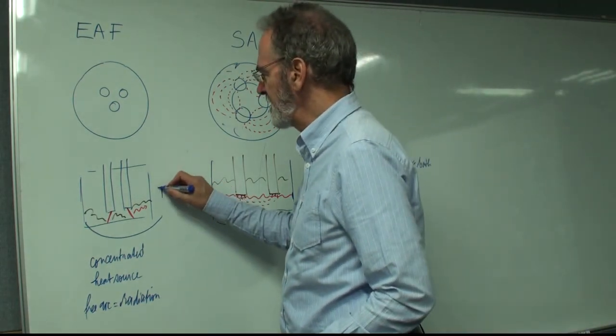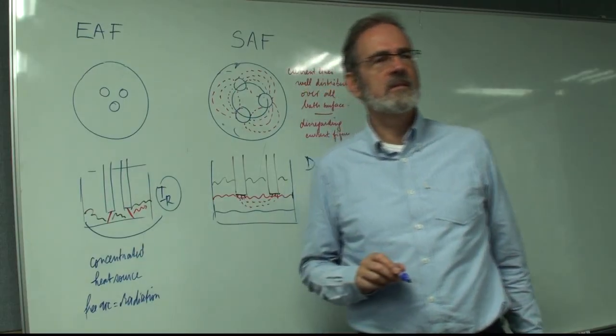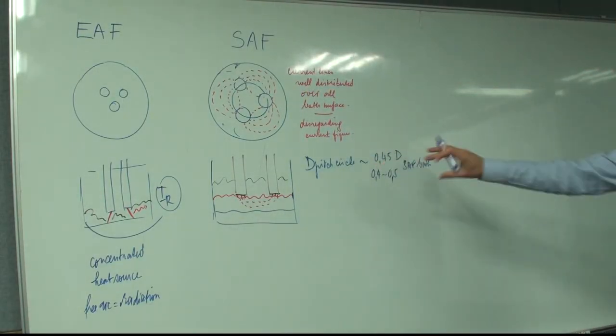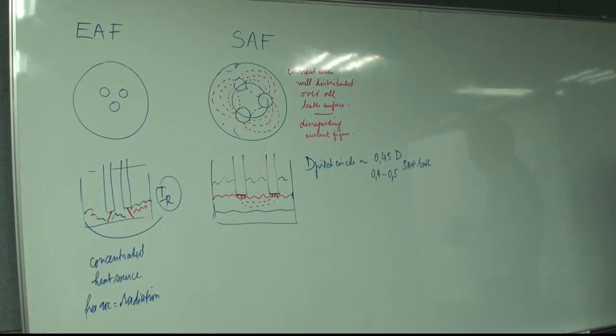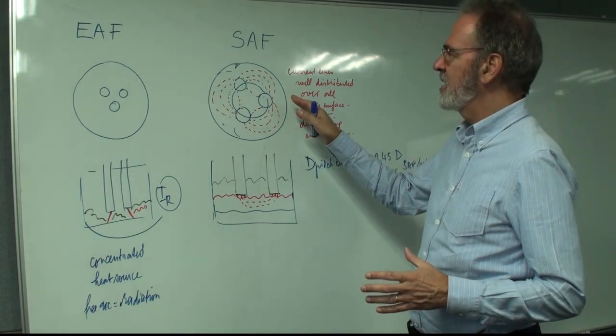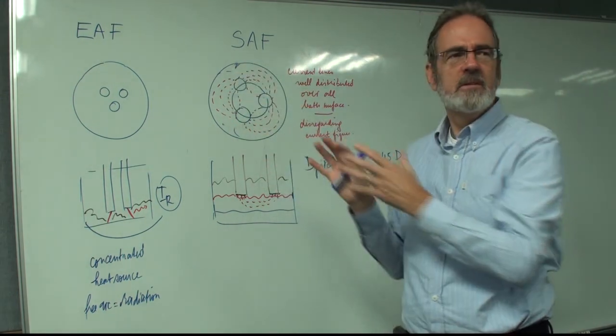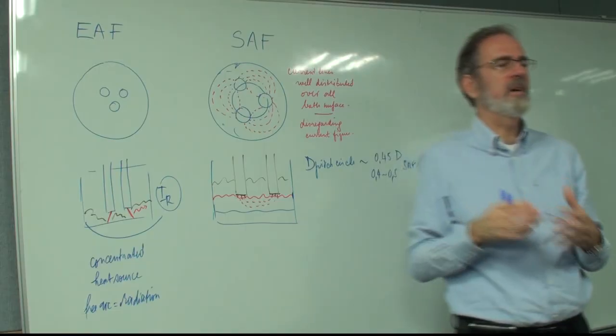Yes, the radiation index is the key. Here you don't have this. In case of SAF, you must position the electrodes so that the current lines best cover the bath.